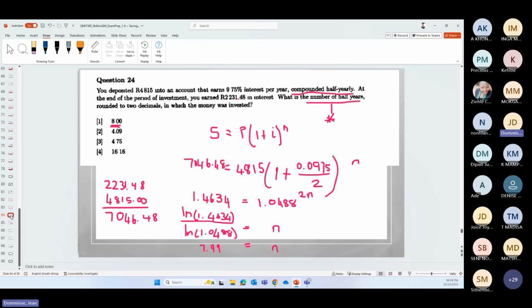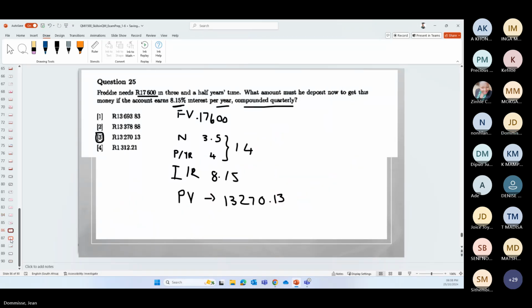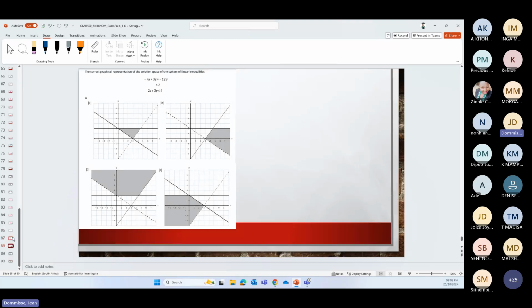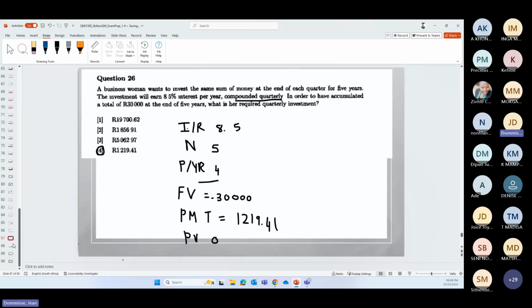What might happen in your exams more likely is that you will get a question that has it monthly, and then your next question might be quarterly, then your next question might be half yearly, and then it might go back to quarterly.